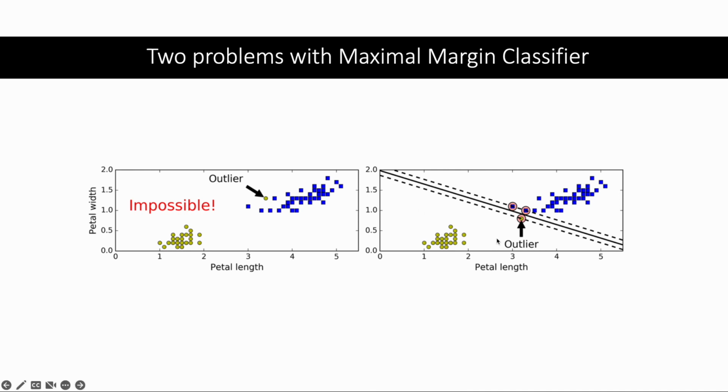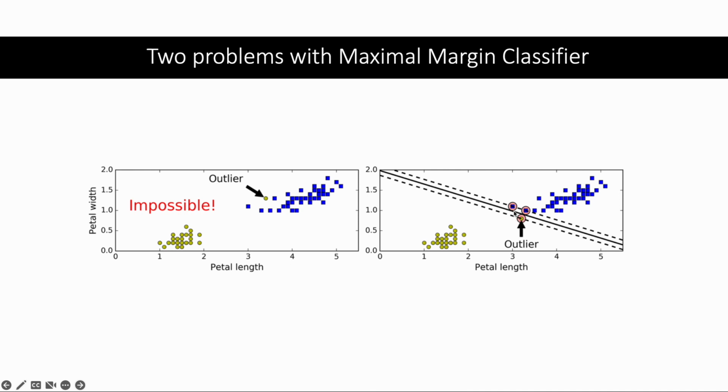What is the second problem? In this particular case, the outlier is not over here. The outlier has only gone all the way till here. But what happened to our decision boundary? Instead of a thick black line over here, our decision boundary, or the road, has shrunk to a very small thickness.